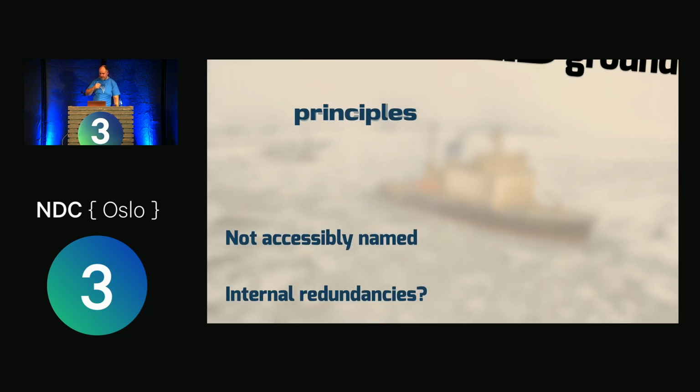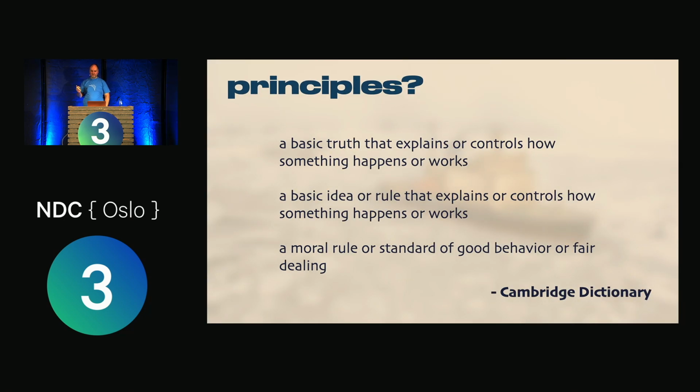Well, let's take that first one first. Are they even principles? This is one of the questions Kevin asked, and I think he quoted from the Oxford English Dictionary for the definition of what a principle is. I pulled up this quote from the Cambridge Dictionary. It says very, very similar.